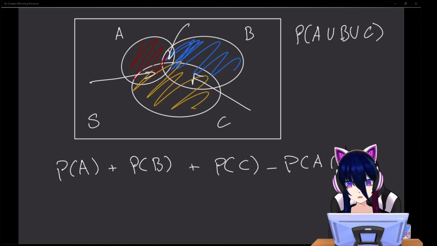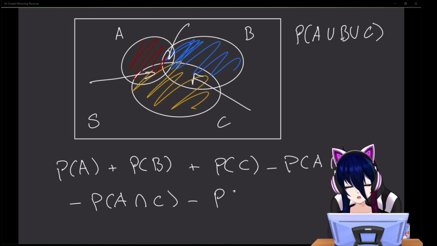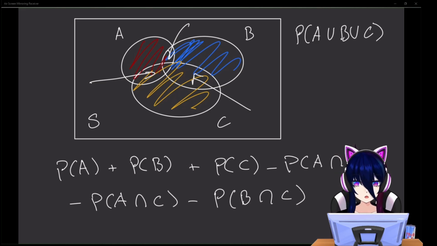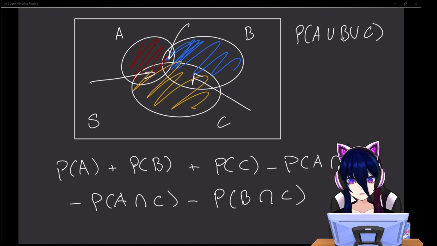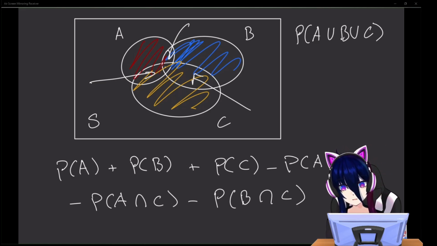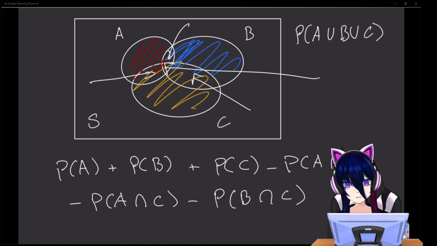Want to remove the probability of A intersecting with C, right there. And finally, want to remove the probability of B intersecting with C, right there. So we caught all our in-between places. But these in-between places have an additional overlap, and that's right in the middle.